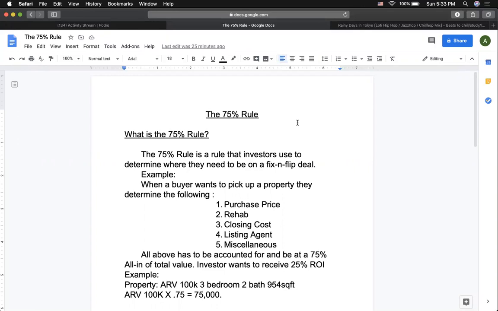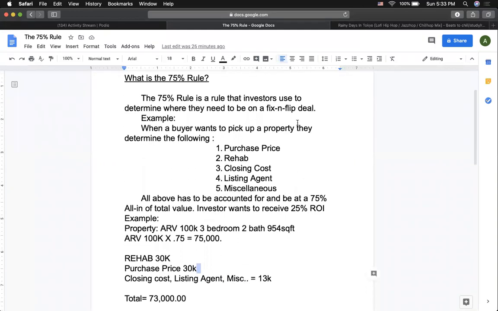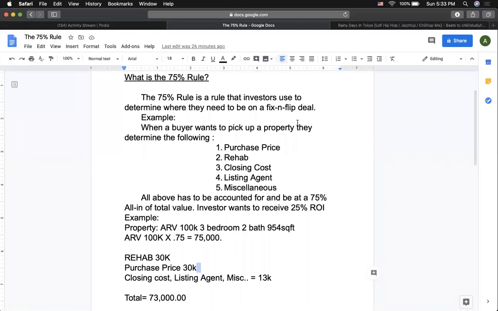Well, the 75% rule is a rule that investors use to determine where they need to be on a fix and flip. Example, when a buyer wants to pick up a property, they determine the purchase price, the rehab, closing costs, listing agent, and miscellaneous stuff.